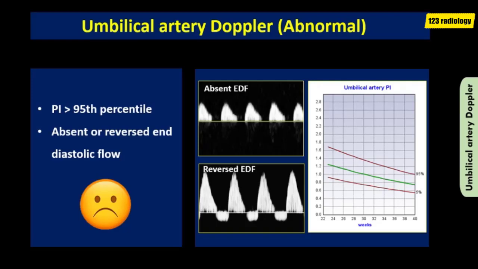This is called reversed end diastolic flow. So, the natural progression seen in a fetus that is deteriorating would be a steady increase in the umbilical artery pulsatility index, followed by intermittent, then persistent absent end diastolic flow, and finally reversed end diastolic flow. A low umbilical artery pulsatility index is of no significance.